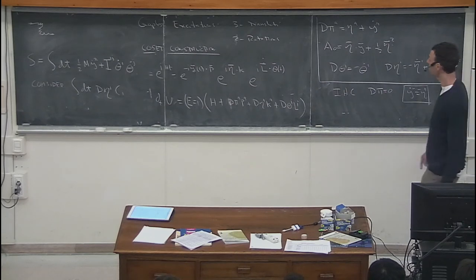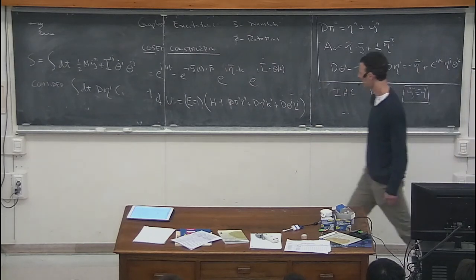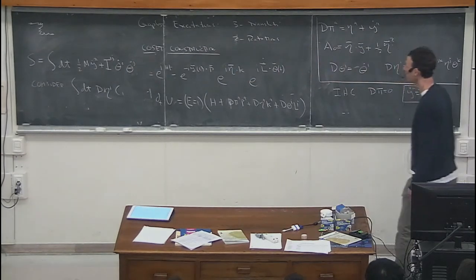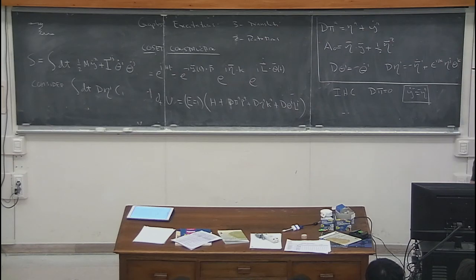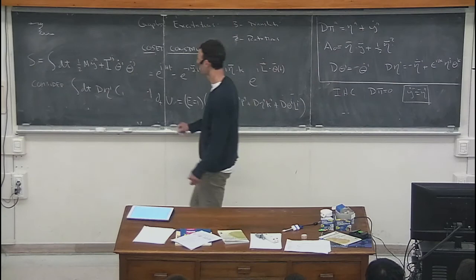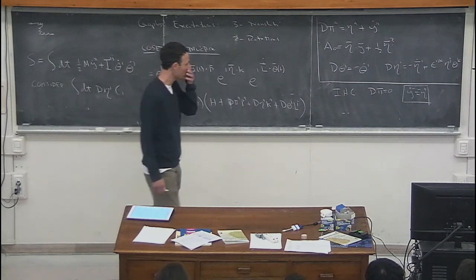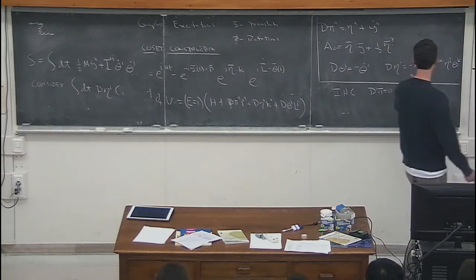No, H is still there. Oh, yeah, H is nothing, yes, because it doesn't have to be rotationally invariant. The thing is, it's not terribly interesting because this piece is a total derivative.